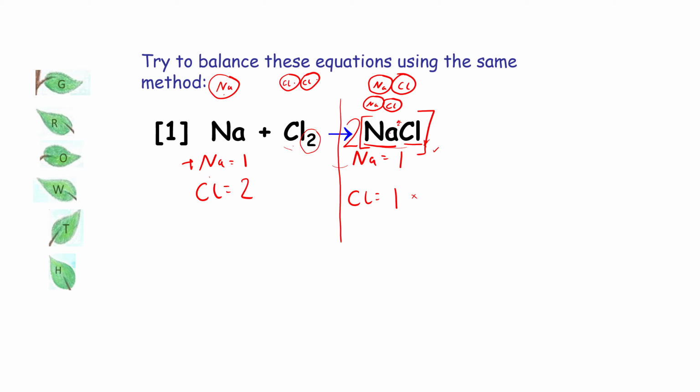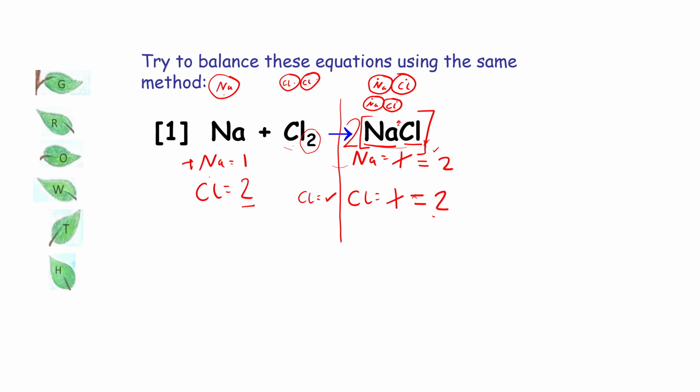Well, how many sodiums do I have? Well, I've got 2 sodiums now. How many chlorines do I have? Well, I've got 2 chlorine atoms now. Okay. Well, if I look, the chlorines are now equal. The chlorines are good. Yeah, 2 chlorines, 2 chlorines, that's good. But the sodiums are not.